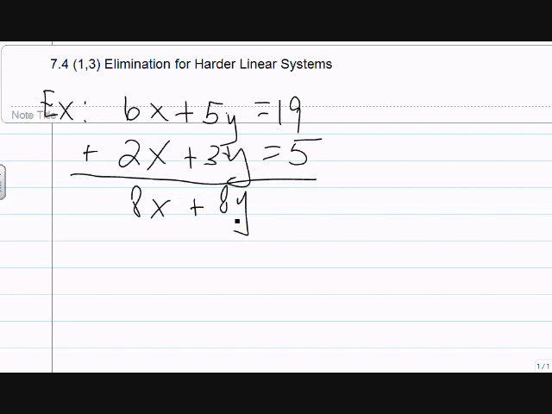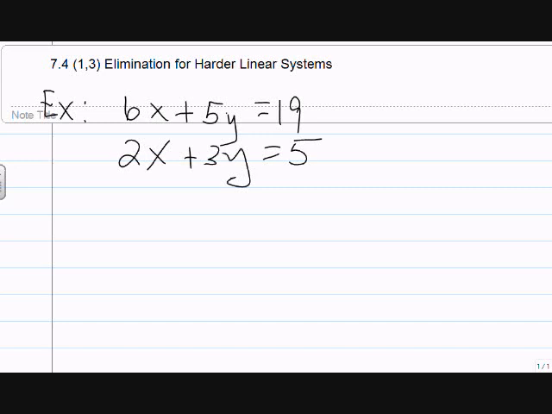My x's and y's would not go away. Or if I tried subtracting these two equations, I'd get 4x plus 2y. My x's and y's don't go away. So I have to use a different trick for doing elimination.